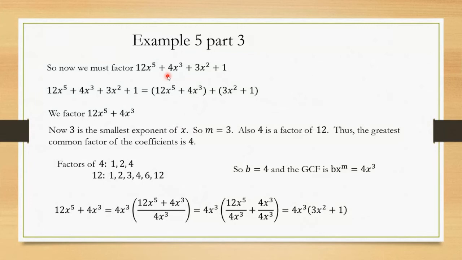For the first group, the first 2 terms, that's going to be one group indicated by parentheses, as you can see. The second group, the third and fourth terms, is also indicated by parentheses. And in each group, you're going to find the GCF of each group individually and factor it out. That's what we're going to do.